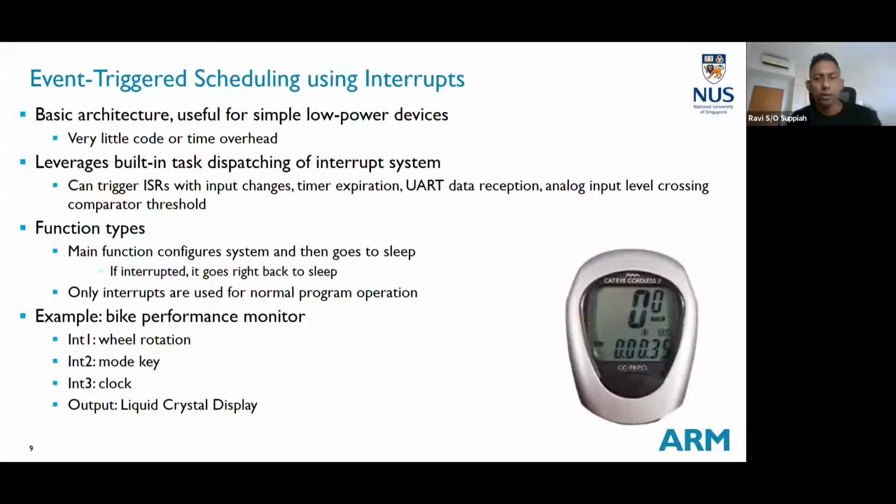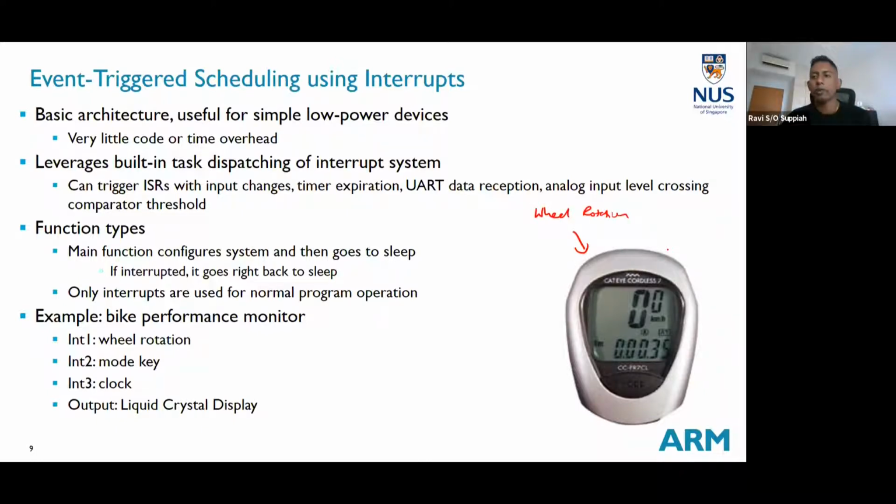So let's have a look at this system that we discussed last week. When I have a simple system like this, it is basically a bike performance monitor. What we saw is you need to have a few different inputs. One is your wheel rotation, to keep track of how fast you are cycling.